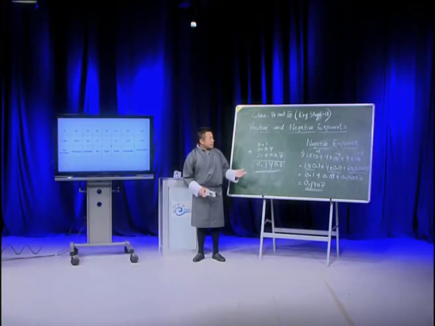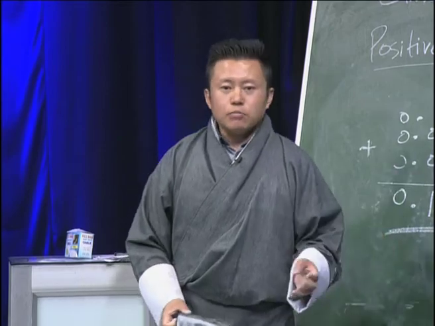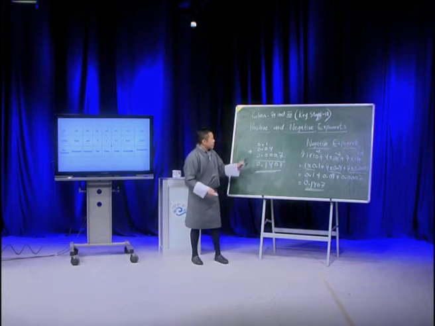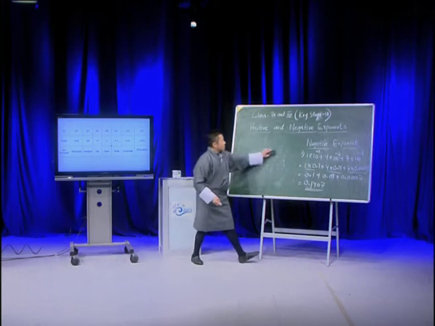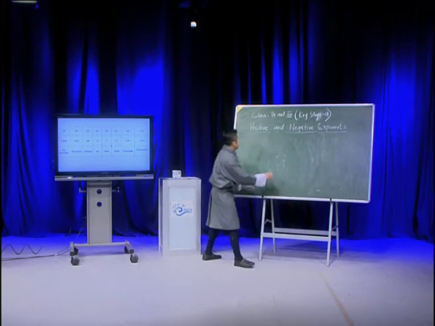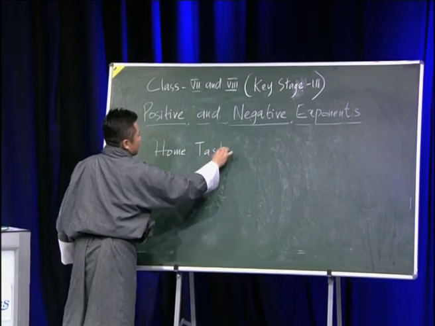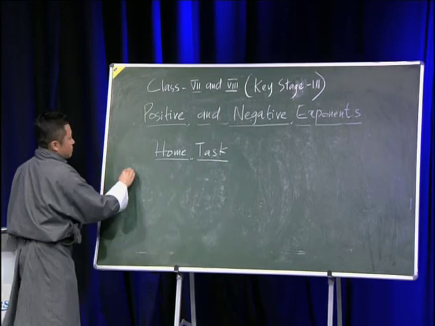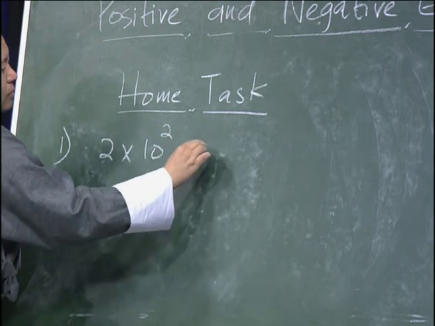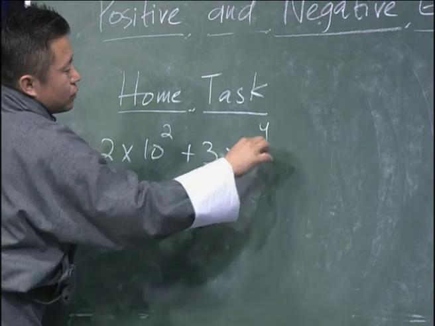And this is the end of my explanation. And I'll give you one task for negative and positive exponent. Three times 10 to the power 4.